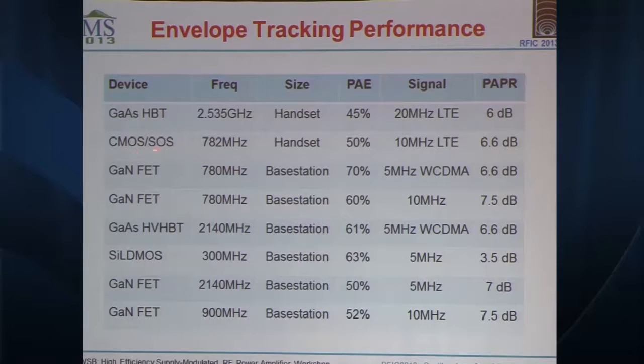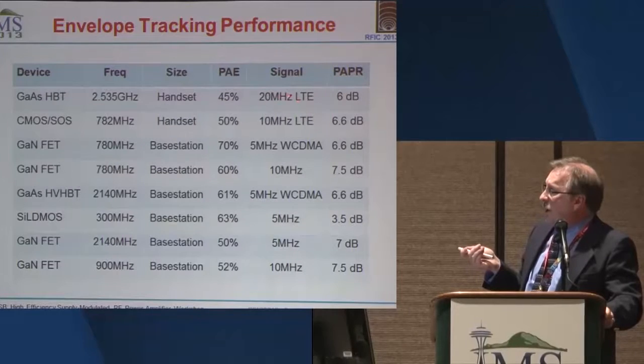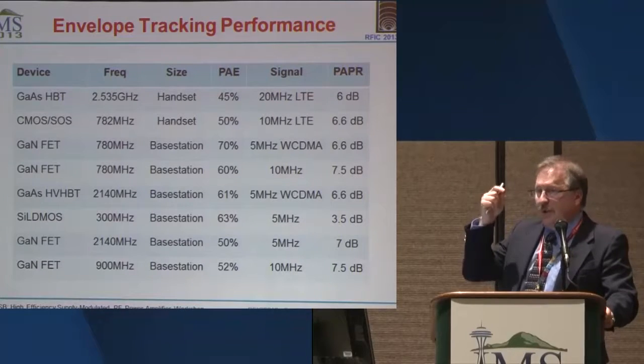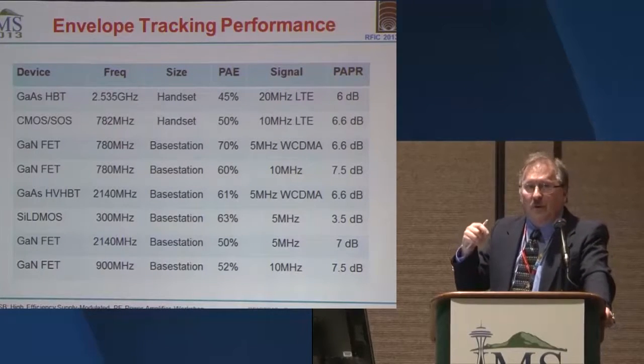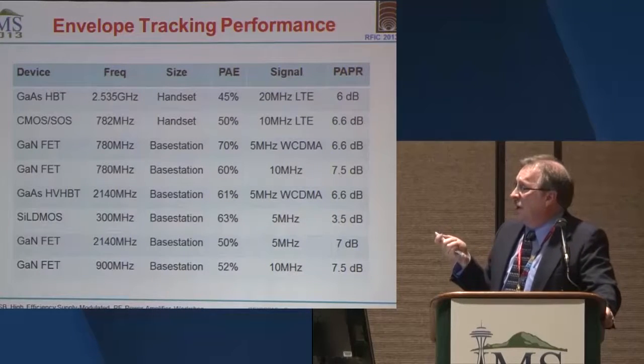This is CMOS on CMOS with silicon on sapphire. 50%, again, 50% efficiency. Another one that's of particular interest is 20 megahertz wide. This is using the dual switcher that, I think both of these were using, that Professor Larson was just talking about in the previous session.